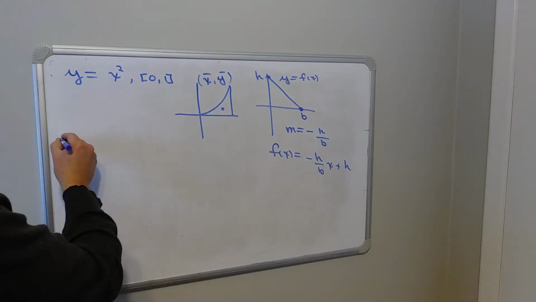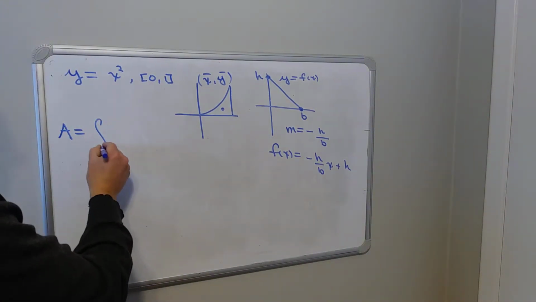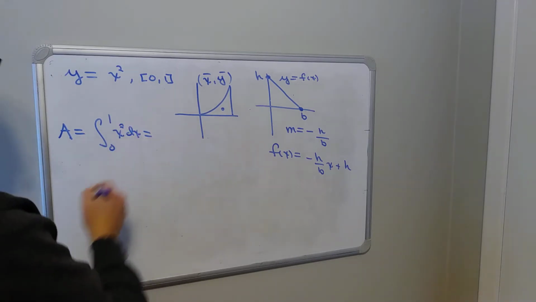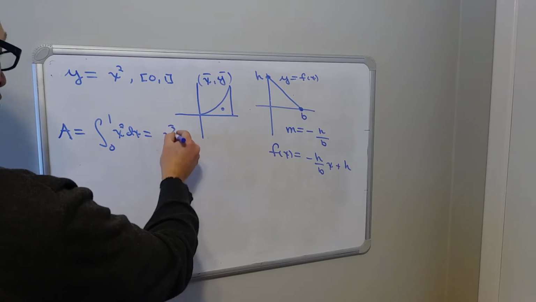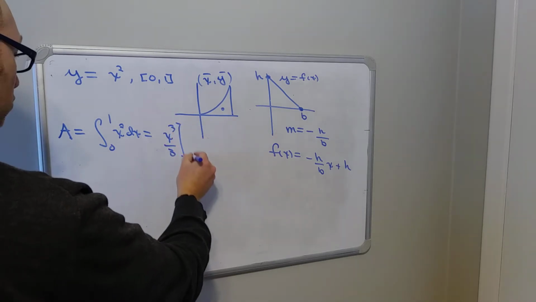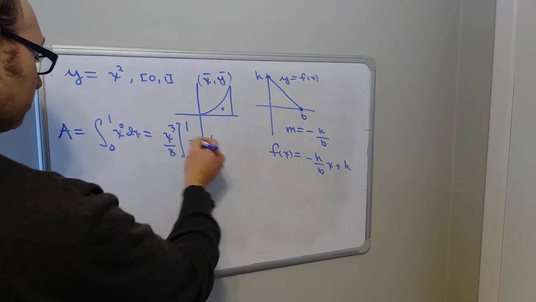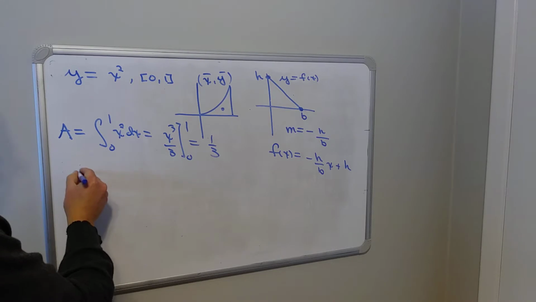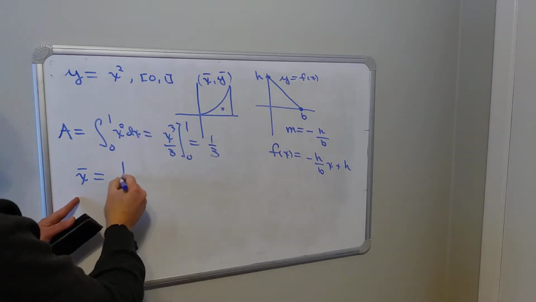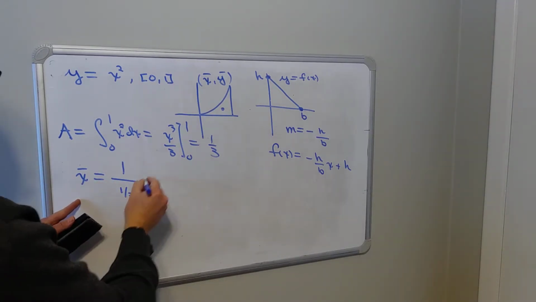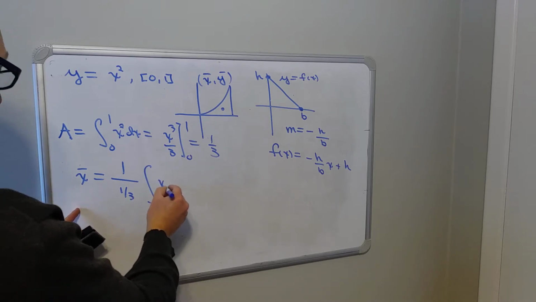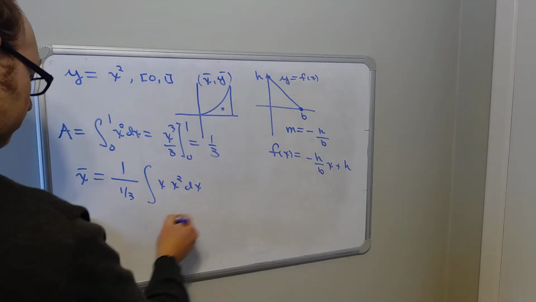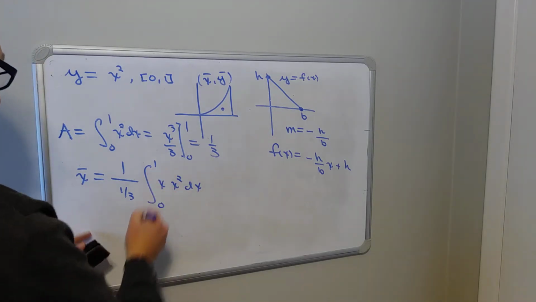Alright, so first we compute the area. The integral from 0 to 1, x squared dx. Right now this should be easy. x cubed over 3 from 0 to 1 is equal to 1/3. So the area is 1/3. So x bar is 1 over the area, so 1 over 1/3, times the integral of x times the function, so x squared dx, from 0 to 1.